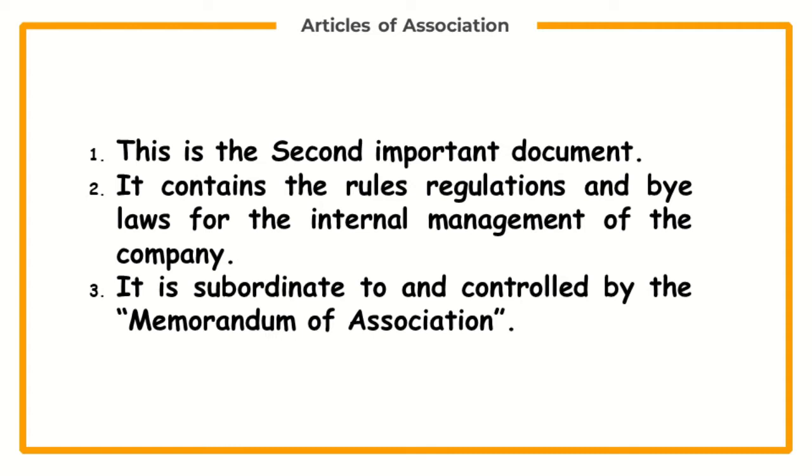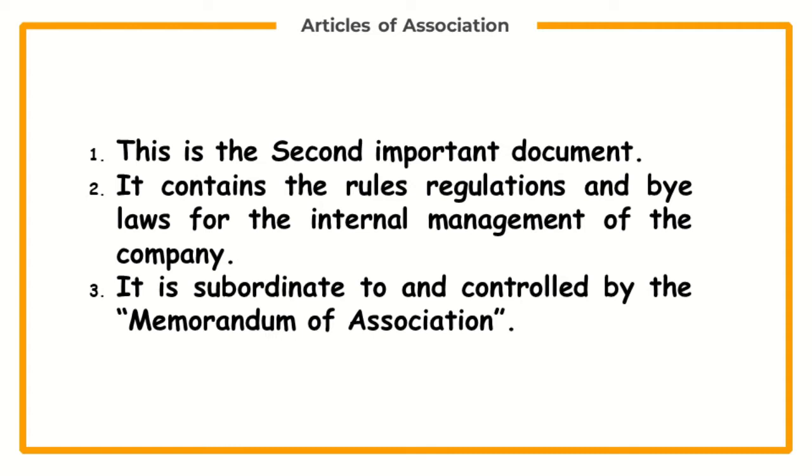If there is any conflict between articles of association and memorandum of association, memorandum of association will prevail over articles of association. Likewise, Companies Act will prevail over memorandum of association and articles of association. So, articles of association is subordinate to and controlled by the memorandum of association.